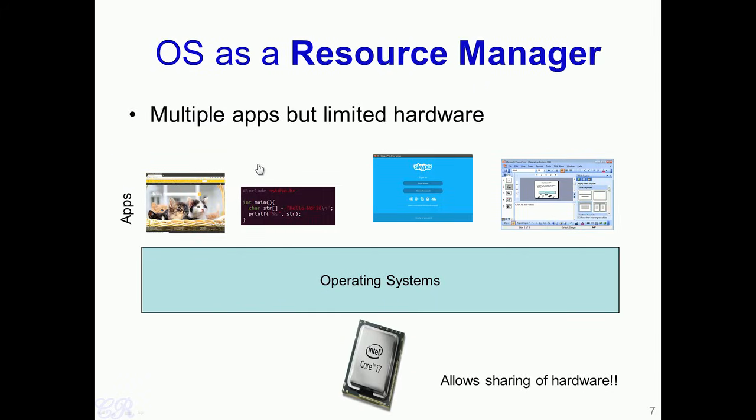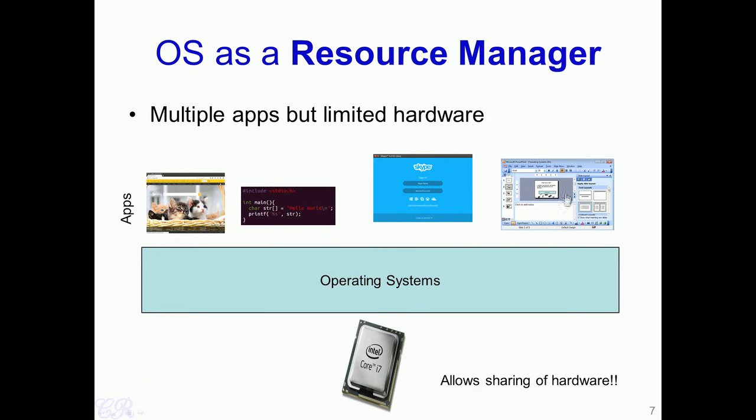The second use of the operating system is as a resource manager. In the desktops and laptops that we use today, there are several applications which run almost concurrently. For instance, we would be using a web browser to browse the internet, and almost at the same time we would be compiling some of the programs that we have written and also executing them, or we could be using Skype or a PowerPoint application at almost the same time.